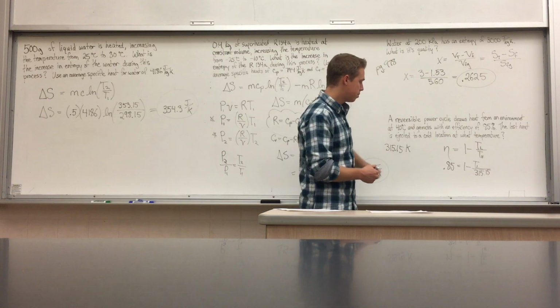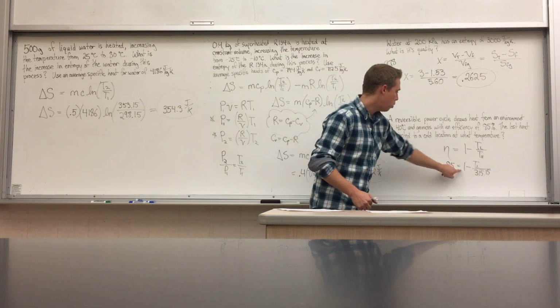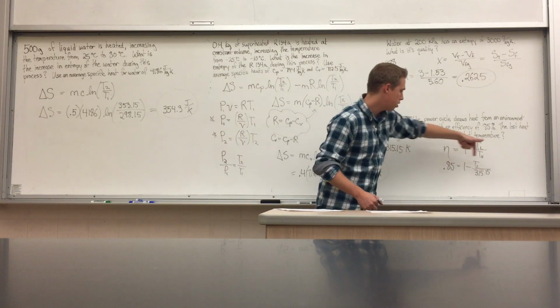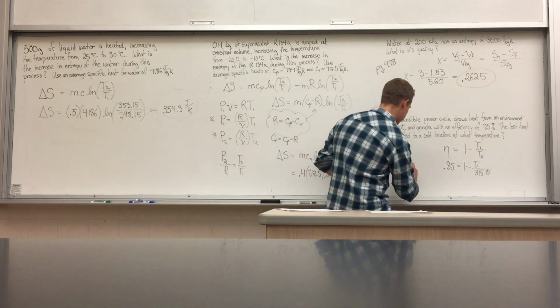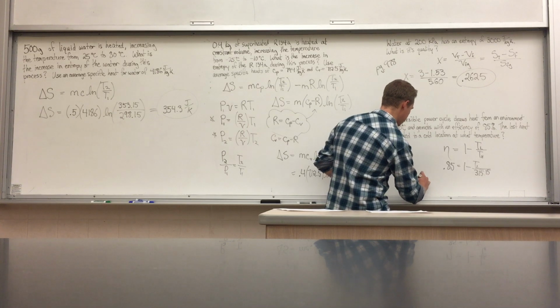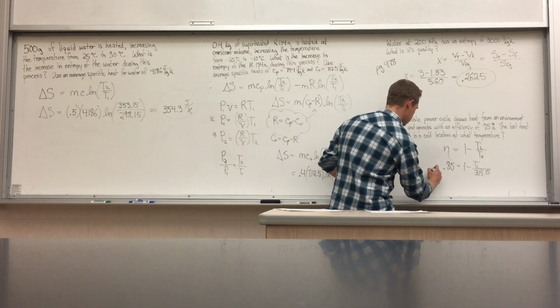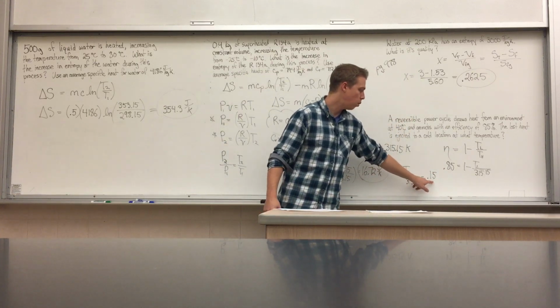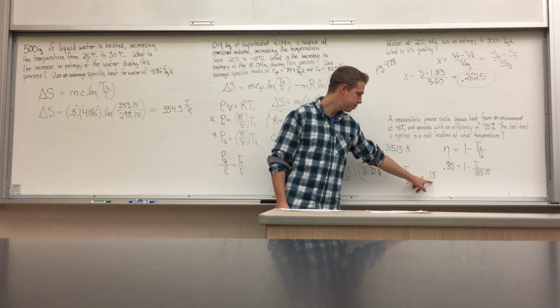So we do this. I'm going to swap the 1 and the 0.85 with this. So I'll move this over and put the 0.85, ending up with T low over 315.15 equals 0.15. I've done the subtraction there, 1 minus 0.85.